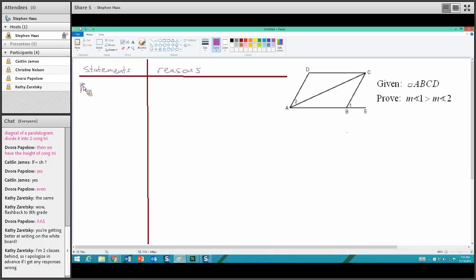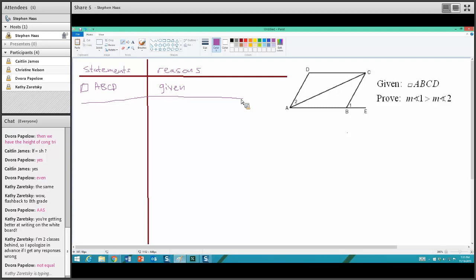Well, we have ABCD is a parallelogram because it's given. Angle 1 equals angle 2 is what we're looking for. Anybody have any strategy suggestions? Oh, this is also an easy one. Okay, go ahead.